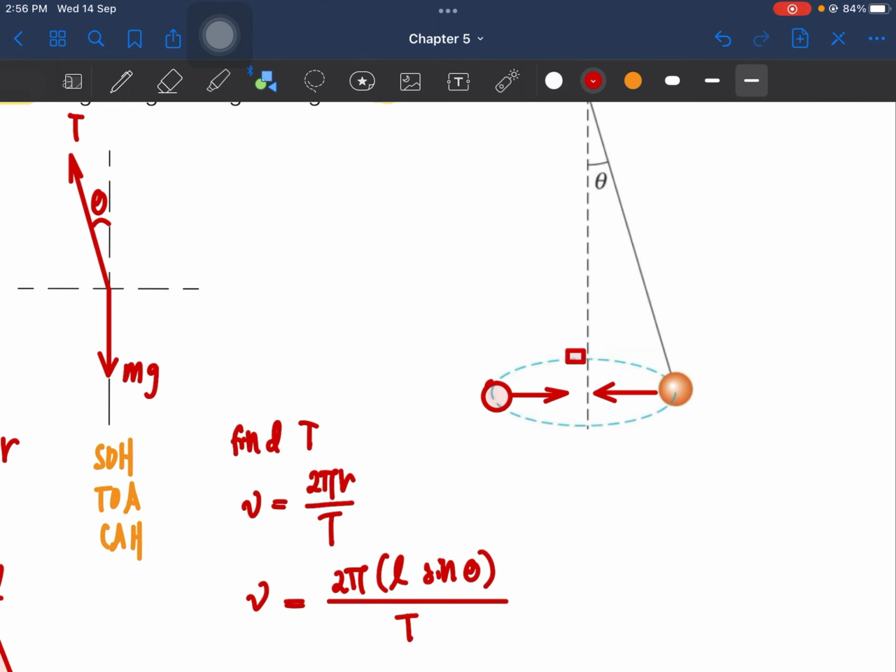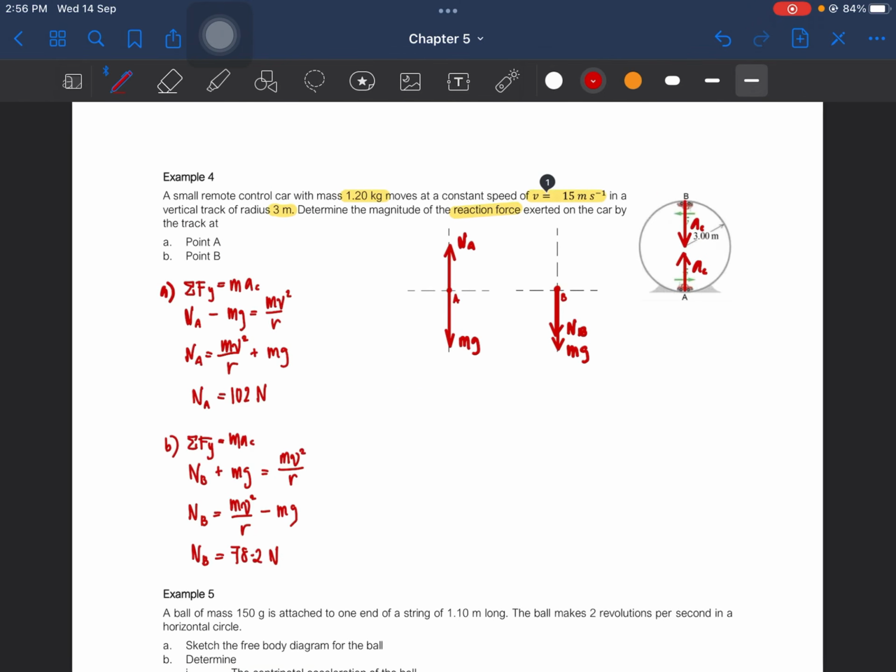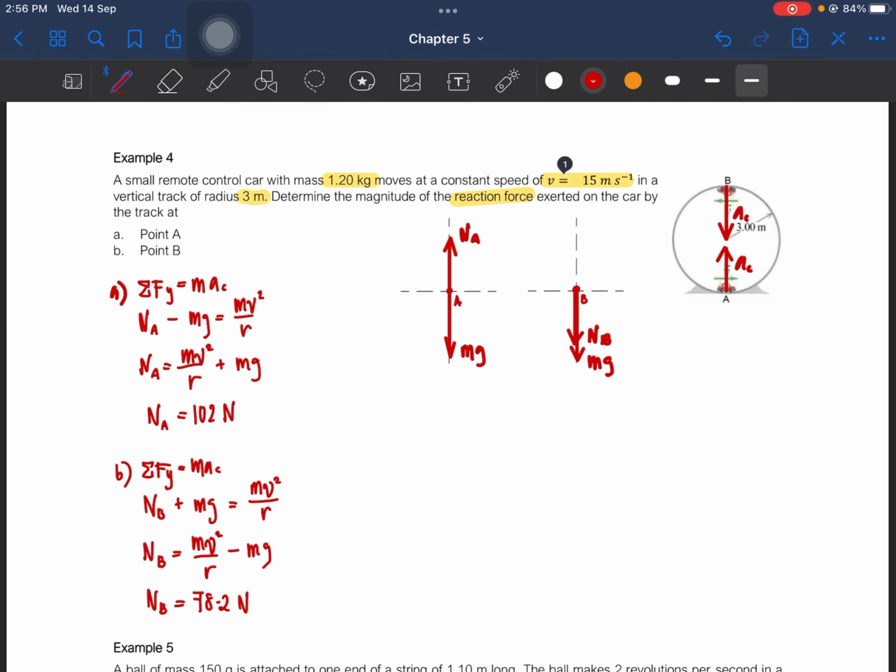Okay, kalau kita ada bola di sini pun, dia akan ke sini juga. Okay, so that is the direction of radial acceleration. So anything that follows the direction of radial acceleration will be positive. Okay, so that is example number 4.